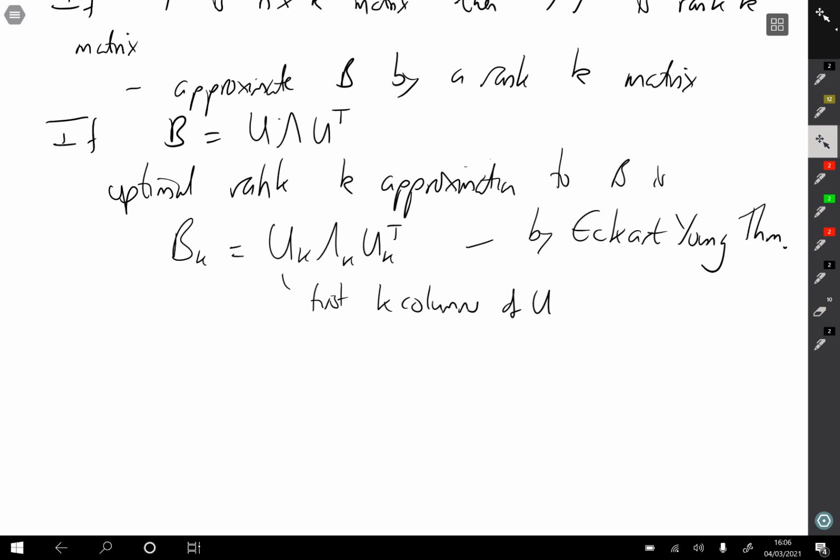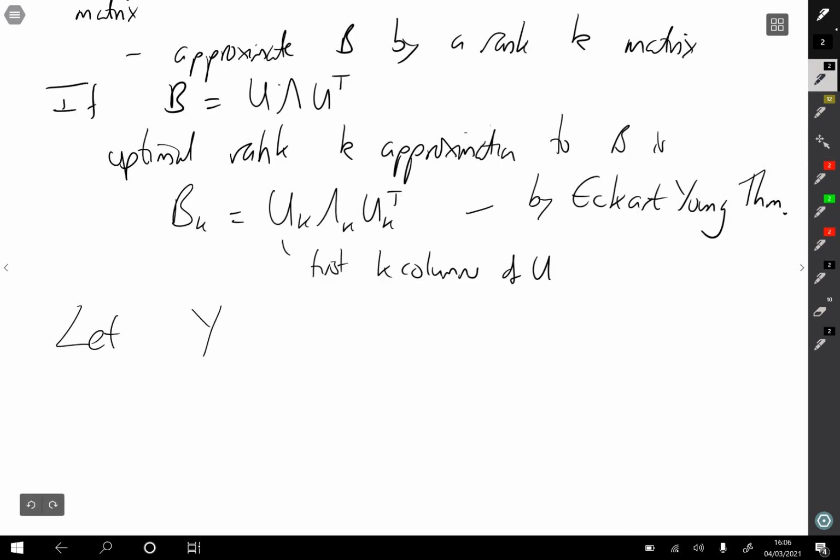Now then, let's let Y be Uk times the square root of the matrix lambda k. Lambda k here is the diagonal matrix of the eigenvalues lambda 1 up to lambda k.